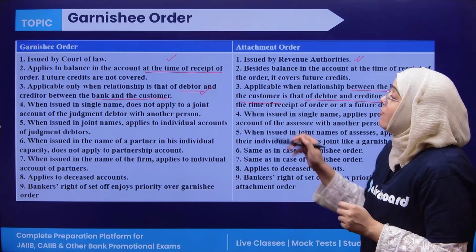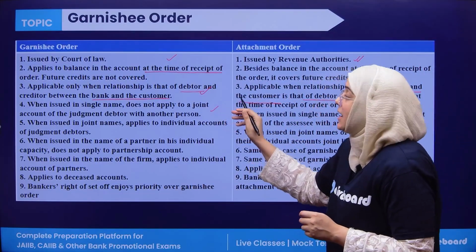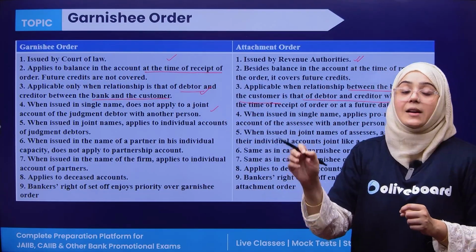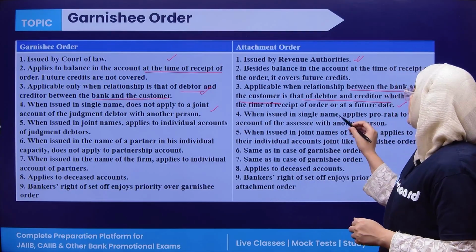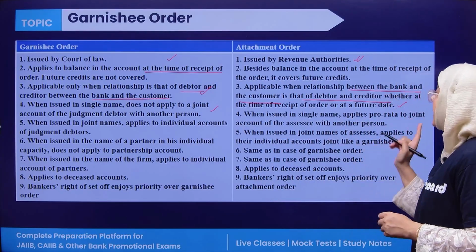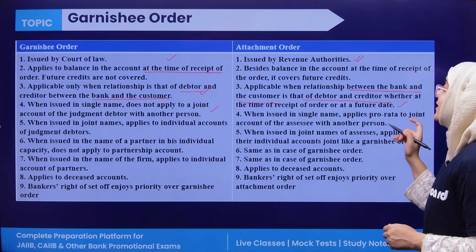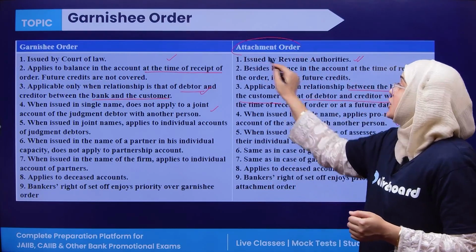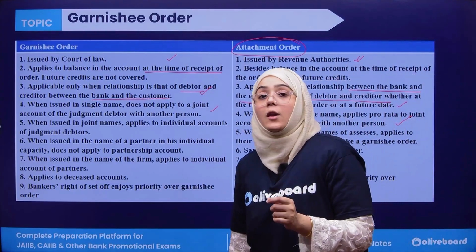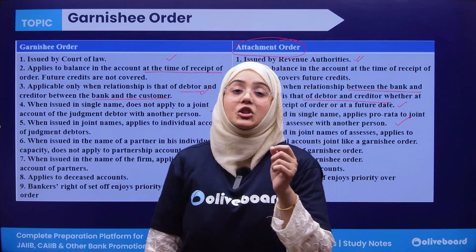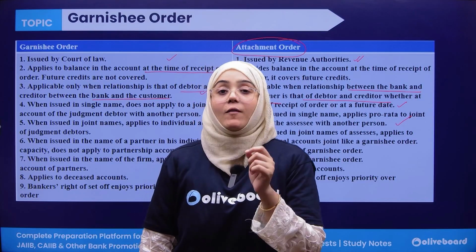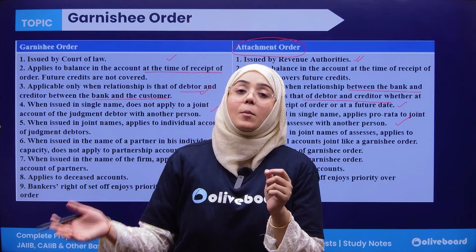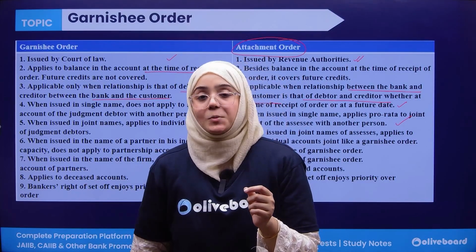Okay, now when it is issued in a single name, it is also applied on a pro rata basis to a joint account. Meaning if there is any attachment order which is passed in favor of the judgment creditor, then the bank has to deposit the money in the account of the judgment creditor.